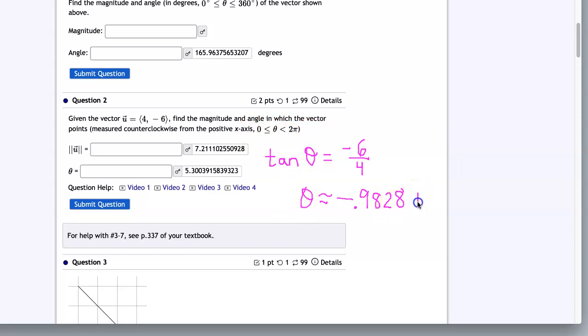So what I need to do is find an angle that's coterminal with this angle. Yes, this angle is in the fourth quadrant, but no, it's not between 0 and 2 pi. So I just need to add 2 pi, and when I add 2 pi onto that value, I end up with the correct answer right here. So that's how you make sure that your answer is correct for that problem.